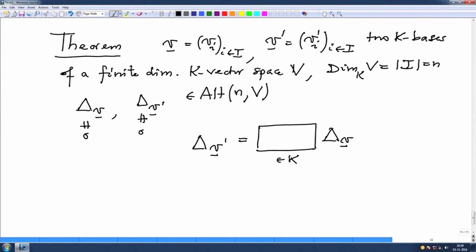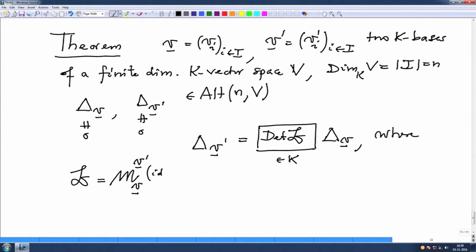The scalar will come out from the so-called transition matrix. So let me write the answer here. The answer is the determinant of B, where B is the transition matrix from V prime to V of the identity.